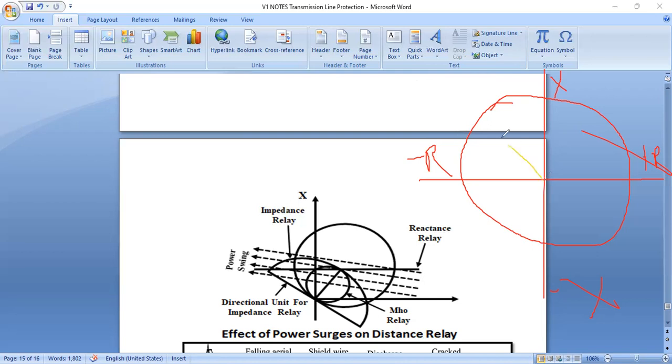This is the RX diagram. And this point is called the electrical center point of the transmission line.